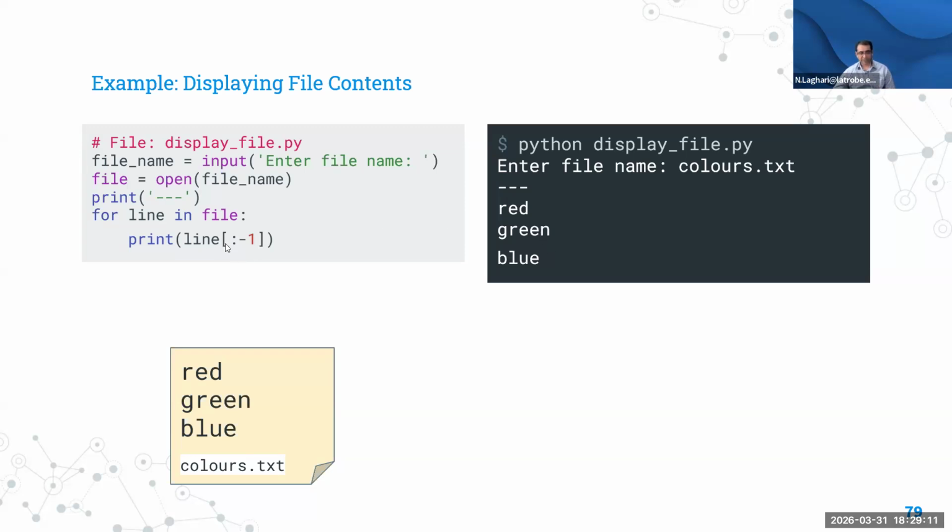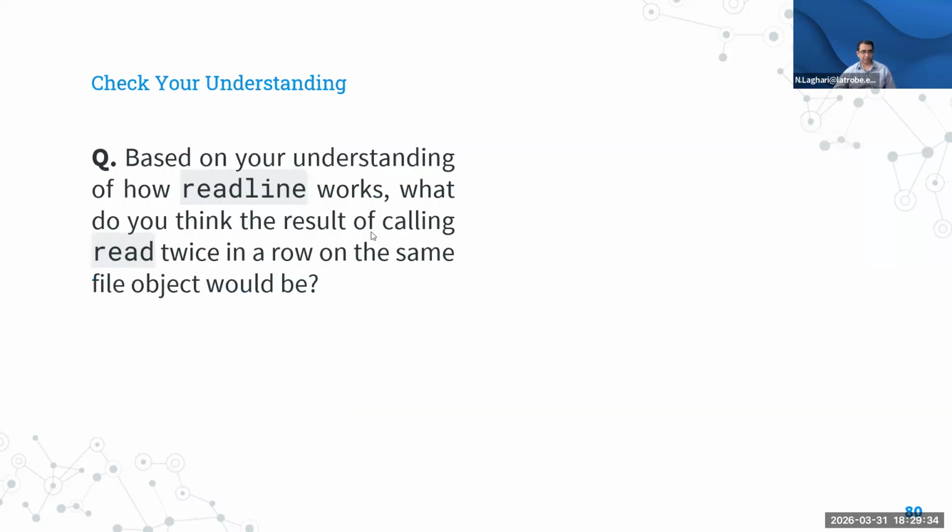Because each line has a new line character, we can safely use -1 slicing here, and it'll be printing the lines, one every time read from the file. So this way we can use a for loop with files.